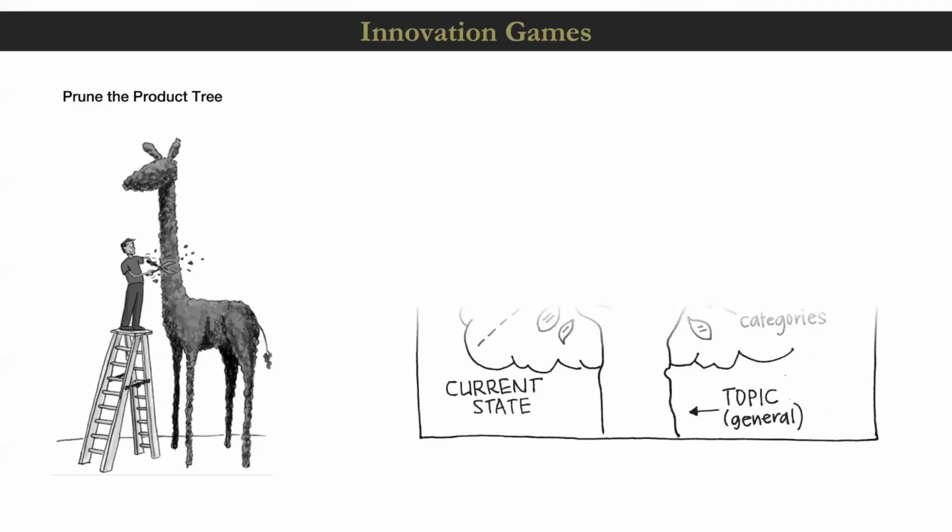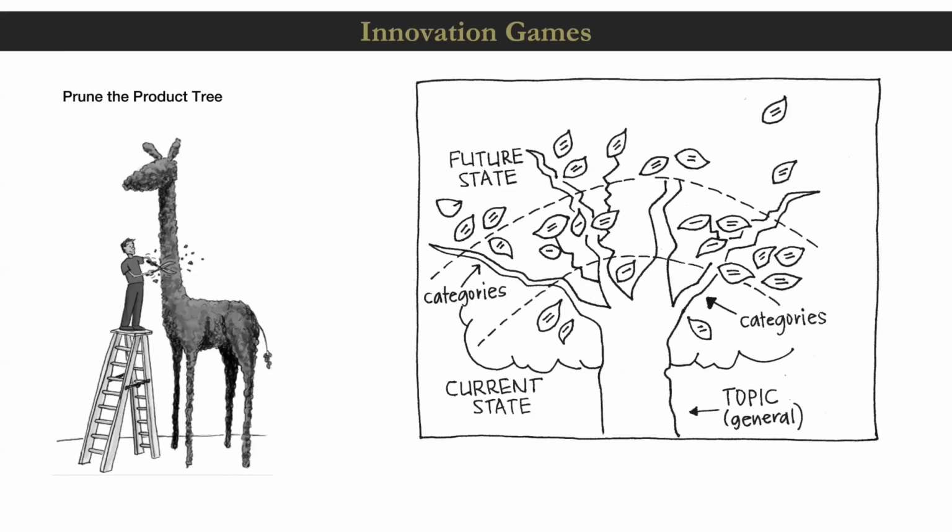What you would do is create a tree, and each leaf on the tree would represent a feature functionality. The main trunk and the limbs or branches of the trunk could represent individual categories. And the base of the tree going up could represent a current state.